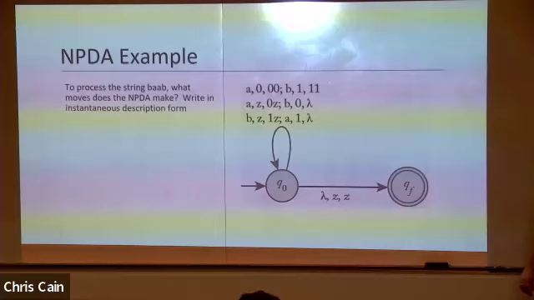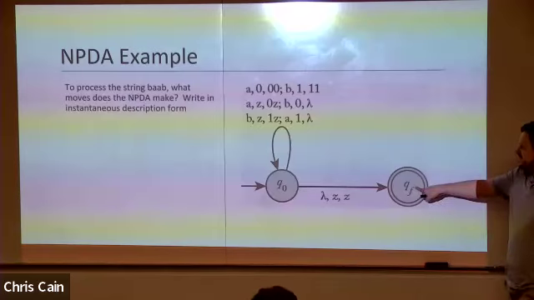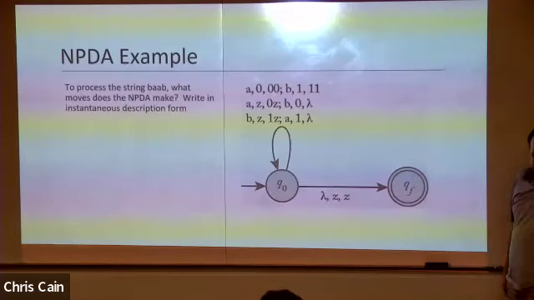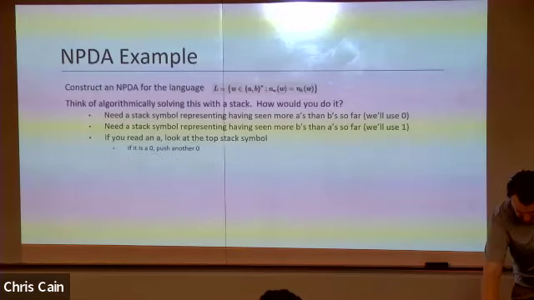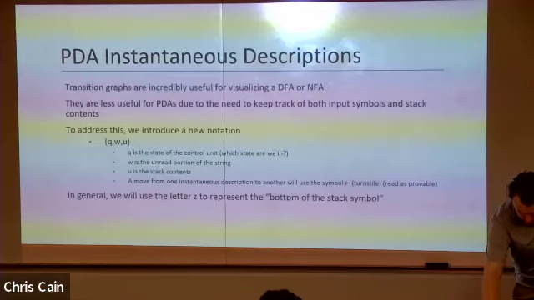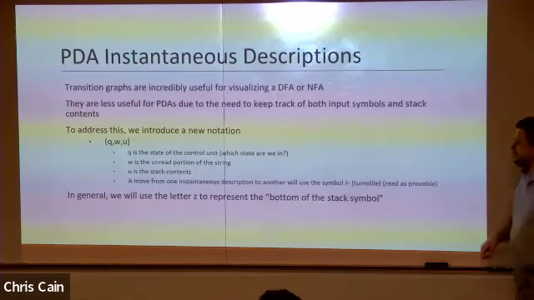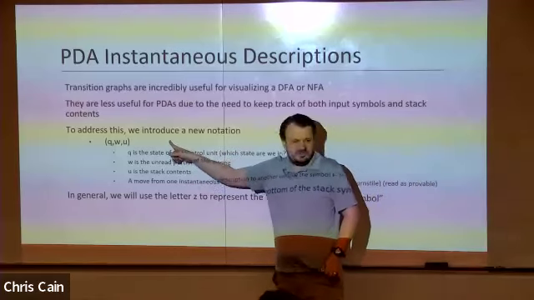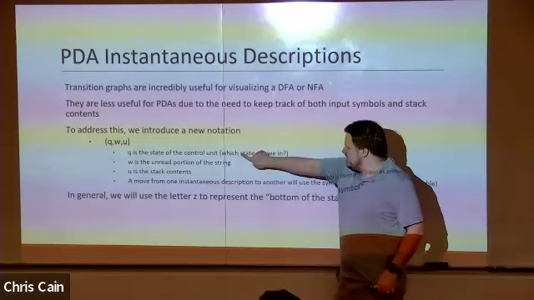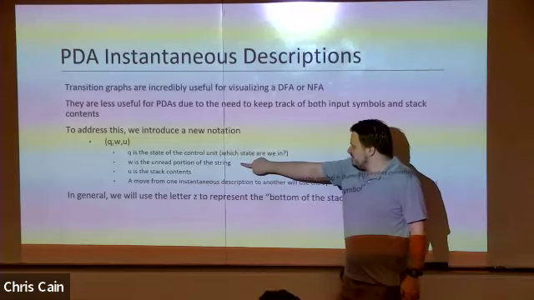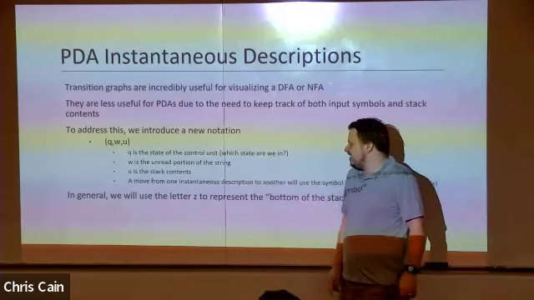So go ahead and write in instantaneous description form how this is going to try to parse the string BAAB. If you need a refresher on instantaneous description form, there it is. We have a tuple of 3 elements, a triple: the state of the control unit, the unread portion of the string, and the stack contents.